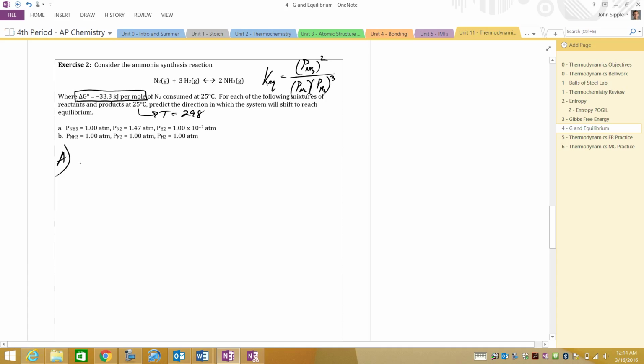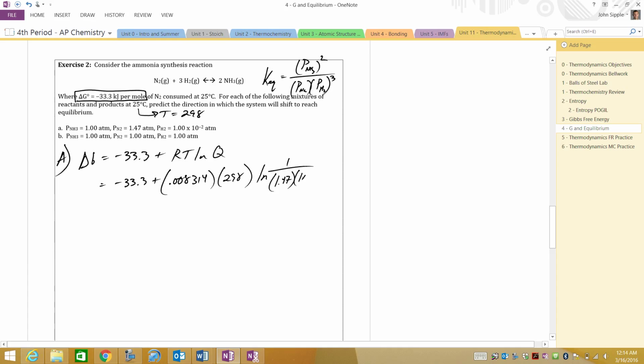For part A, delta G is equal to negative 33.3 plus RT ln of Q, since we don't know whether we're at equilibrium. So negative 33.3 plus 0.008314 times 298 times the natural log of 1 over 1.47 times 10 to the minus 2, cubed.